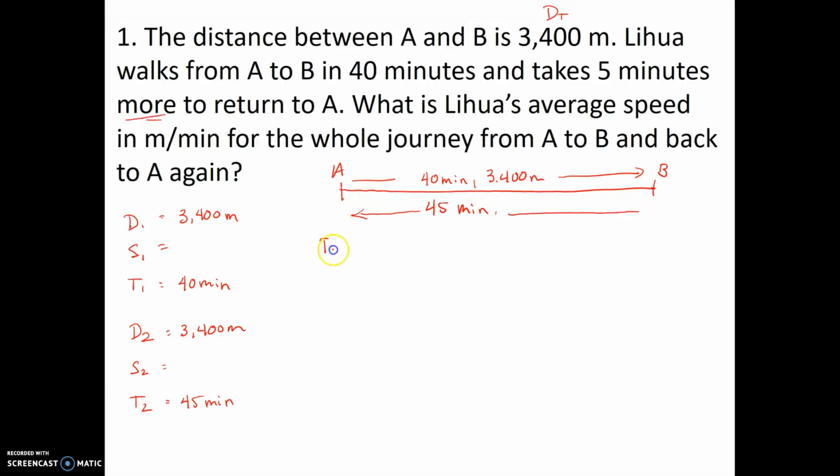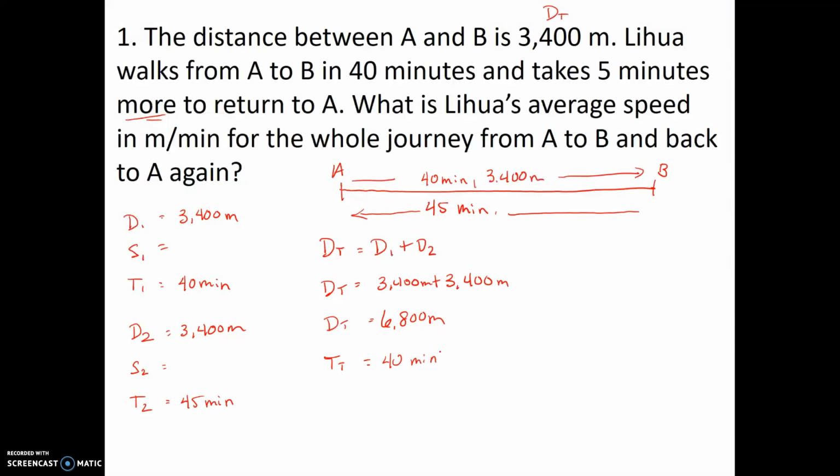So let's find out total distance first. Distance total equals distance 1 plus distance 2. So 3,400 plus 3,400. So total distance is going to be 6,800 meters. Okay, now my total time I also need, and that's going to be 40 minutes.